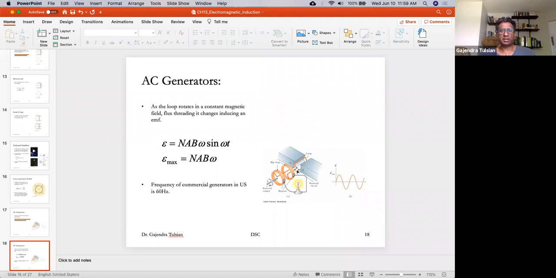Now it turns out that the rate at which you turn the loops must be steady. So the frequency of commercial generators in the US is 60 hertz.